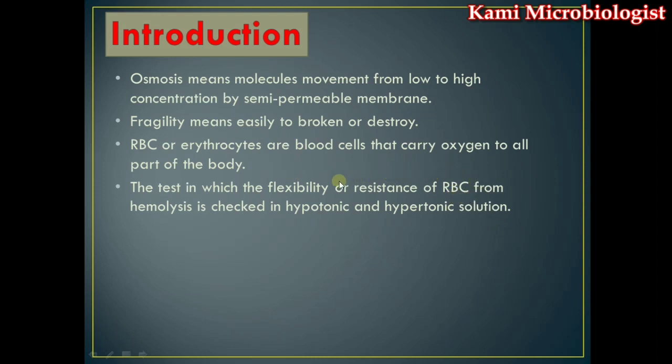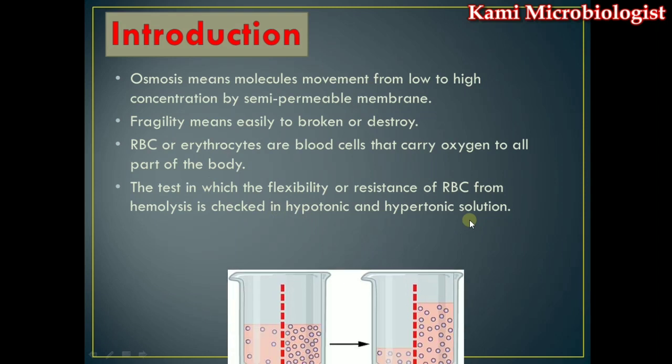In this test we mostly check the flexibility or the resistance of the RBC in different solutions, mostly in hypotonic solution or in hypertonic solution. We just check whether the RBC have the ability to stand in the hypertonic or hypotonic solution, meaning whether the RBC rupture in these two solutions or not. We are going to see the RBC hemolysis in these two solutions.